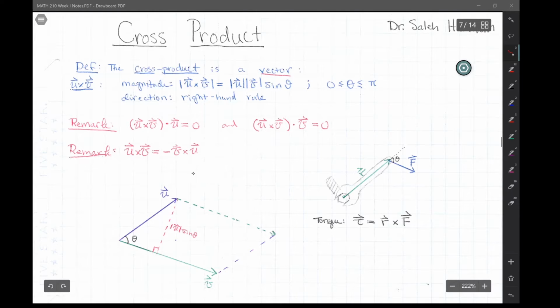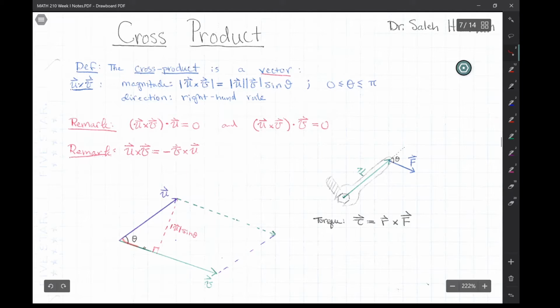So let's talk a little more about the interpretation of this, okay? The interpretation of the cross product is that its magnitude is the area that a parallelogram would have if you had sides u and v. So here we have the vector u, here we have the vector v.